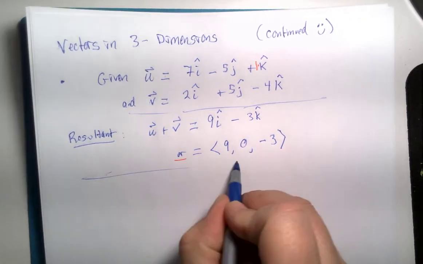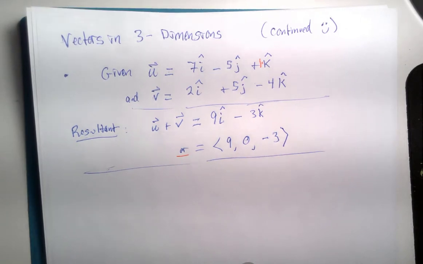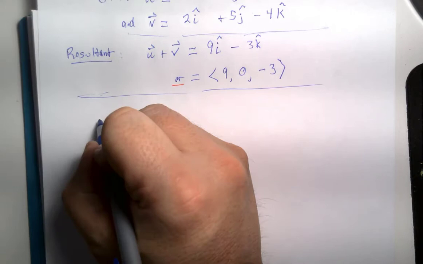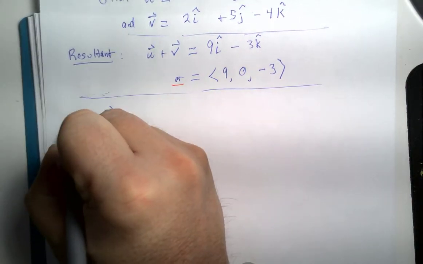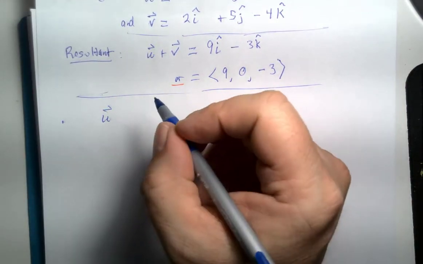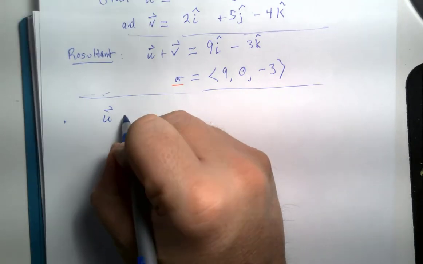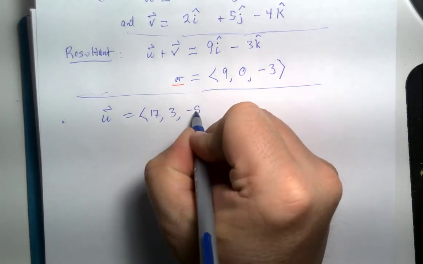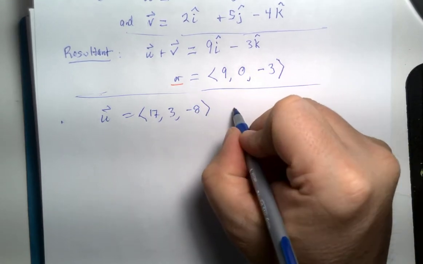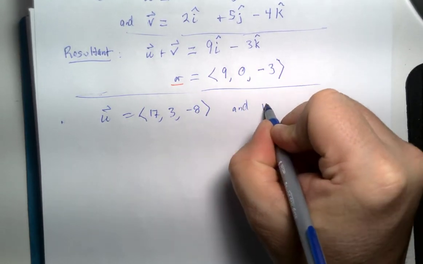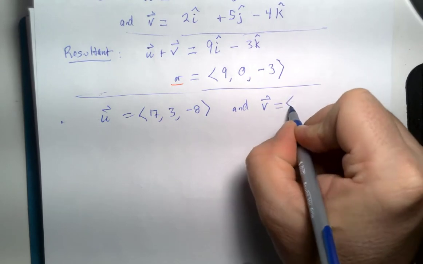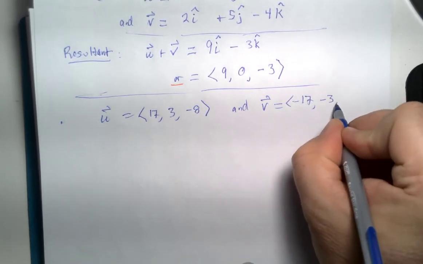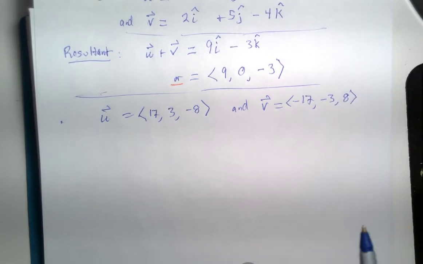Now, another sample. Again, these are just quick and easy little cases here. So let's suppose that vector u is identified by 17, 3, negative 8, and vector v is identified by the vector negative 17, negative 3, and positive 8.